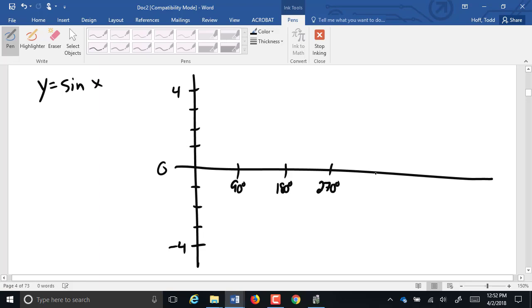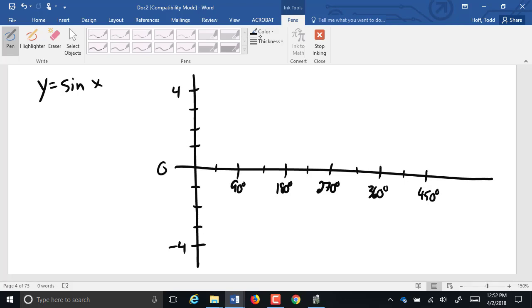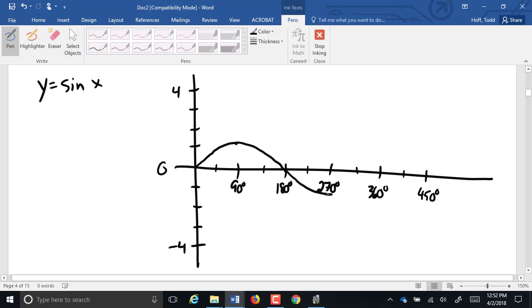Just making my graph quick. And our basic y equals sine x, as we said, goes up to 1 at 90 degrees, back down to 0 at 180, down to negative 1 at 270 degrees, back up to 0 at 360, up to 1 again at 450, and keep cycling.